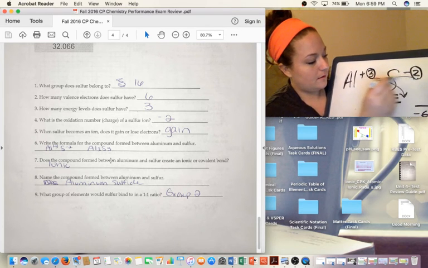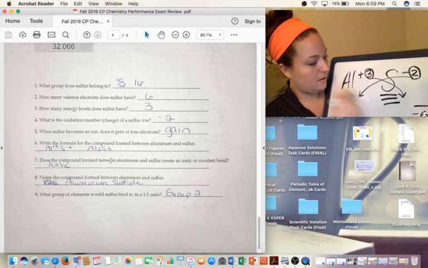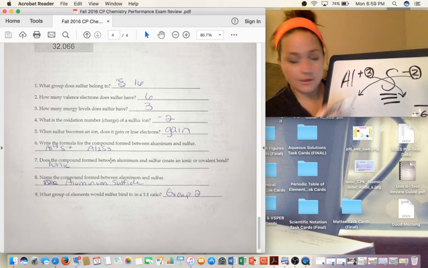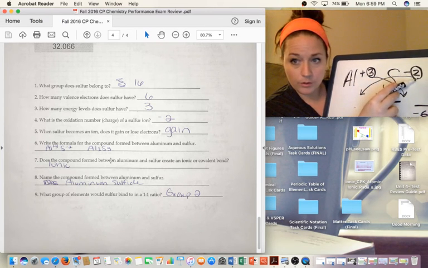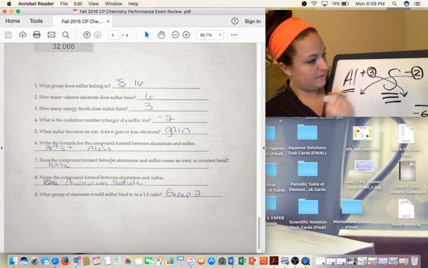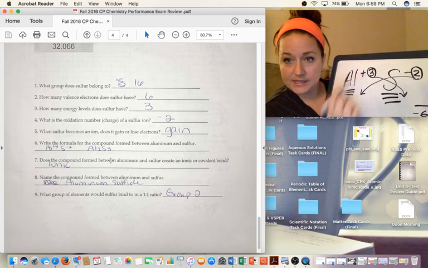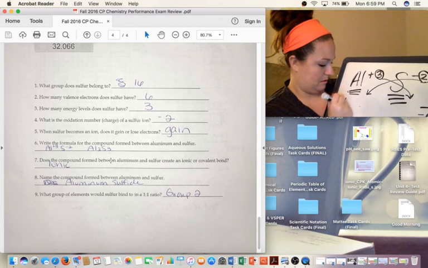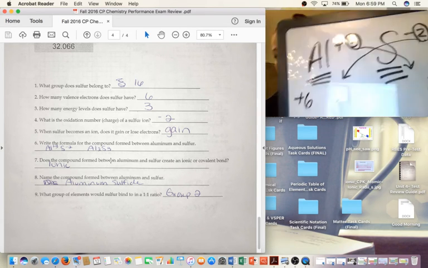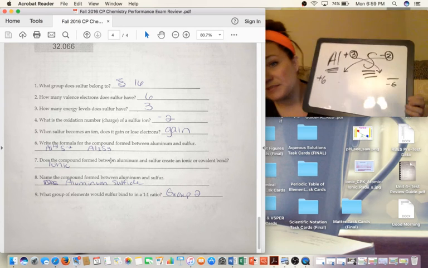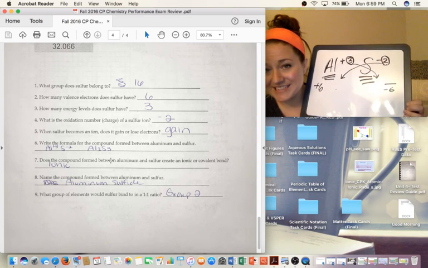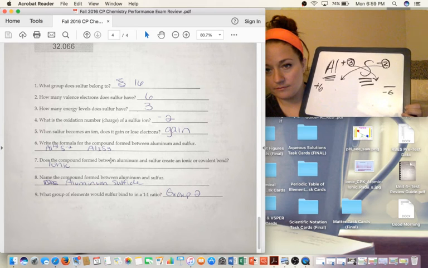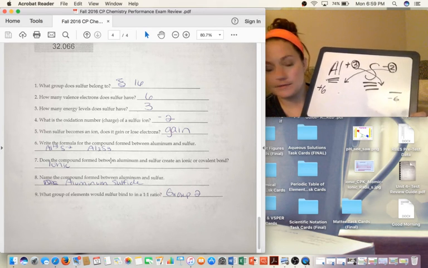Then aluminum, you're going to need 2 aluminums with a positive 3 charge. So 3 times 2 is plus 6. Now, does plus 6 minus 6 equal 0? If you're thinking yes, awesome.